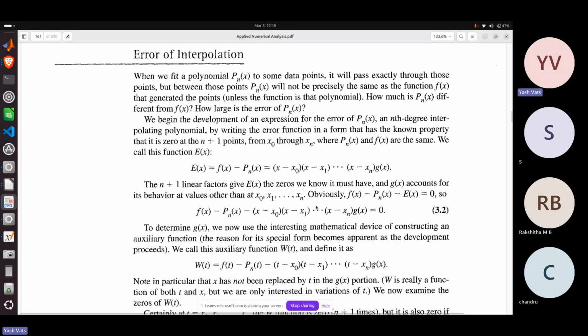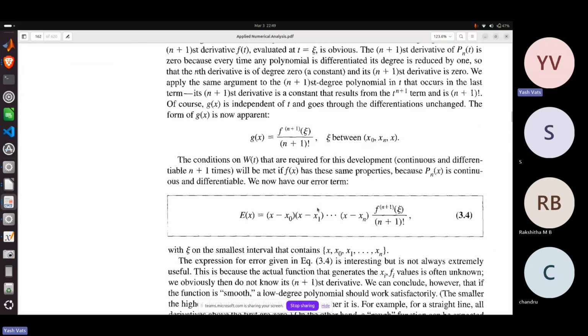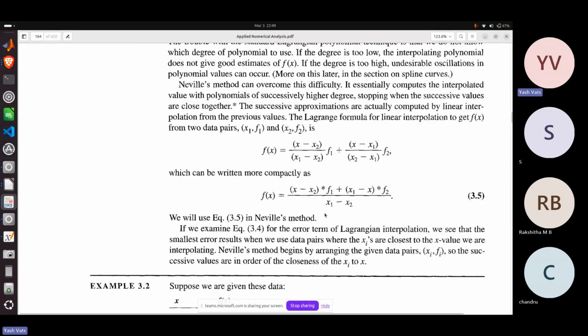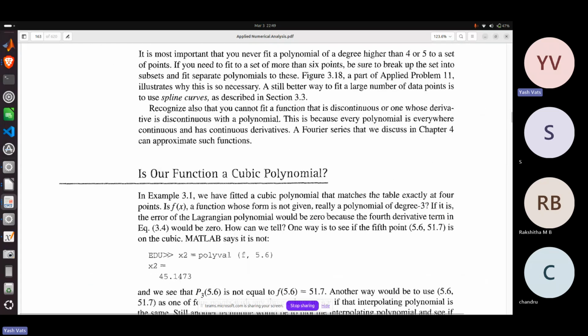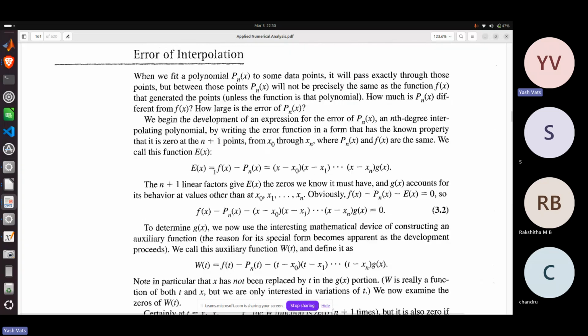So the next question that typically comes to mind is, what's the error of interpolation? I will show that and try to solve one question based on that. There may be questions on this, so I will show you what type of questions can be asked.